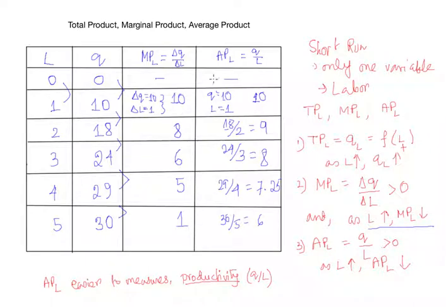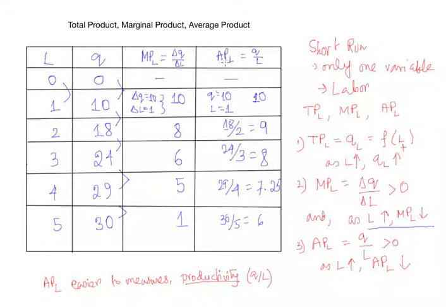Now this happens for most of the production process. However, we will show that there is some part of the production where MPL and APL actually go up as L increases, but only up to a certain point. They reach a maximum and then they both start to decrease.